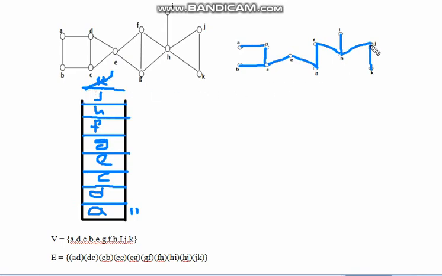Backtrack means pop the top element, then I'm at J. From J there are no other non-visited vertices, so come back, that means backtrack, J is popped from the stack, and I'm at H. From H I have H to K, but it forms a cycle, so backtrack.